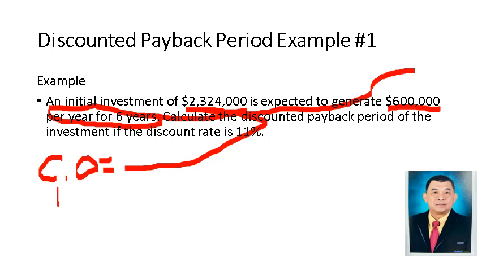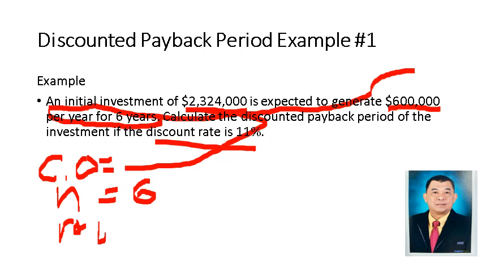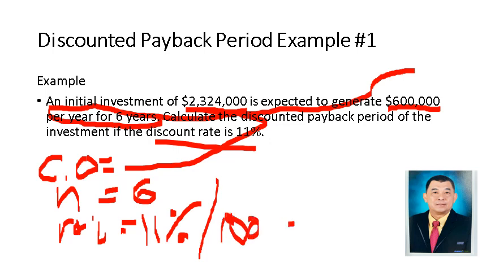We need to say the N is 6 years and your discount rate, or I, is 11%. Again, please be mindful that you have to divide 11 by 100 so that you will not be mistaken in your calculation. Okay, very good.